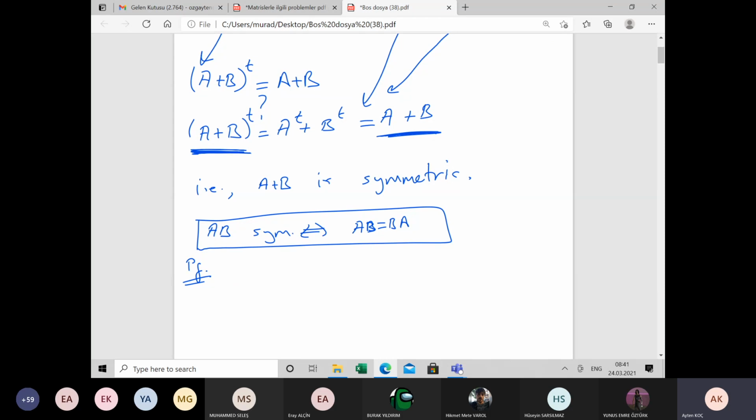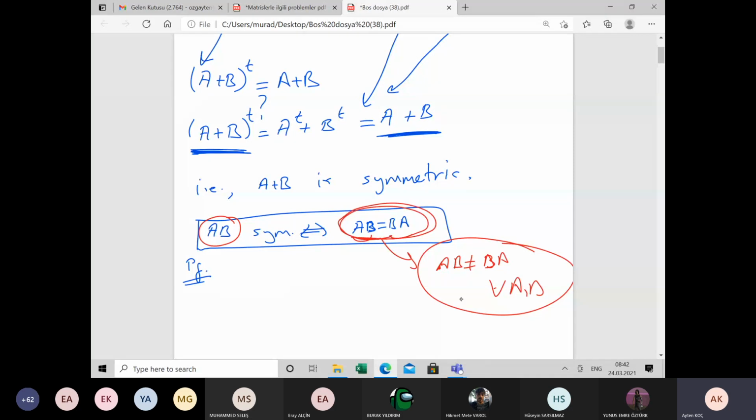We know that matrix multiplication is not commutative, which means AB is not equal to BA for all A and B. But our matrices are both symmetric, and for the product to be symmetric, this product should be this one. In general it's not true.